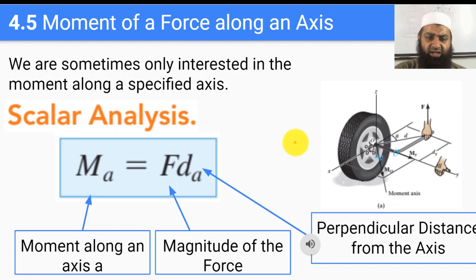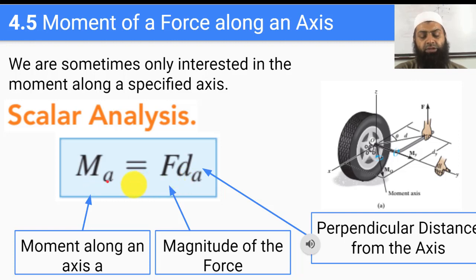So the scalar form of the formula for the moment of a force about an axis is simply the force itself times the perpendicular distance from the axis.